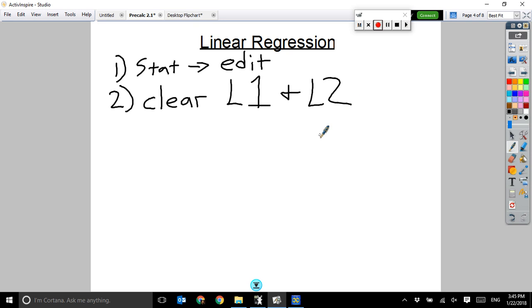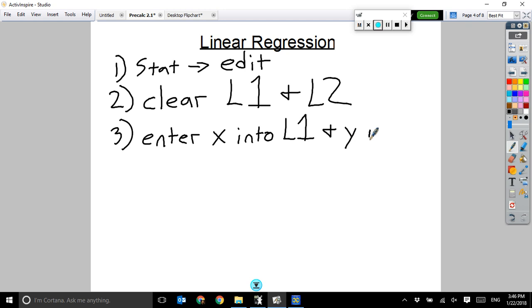I'm going to talk about how to do that in a second. Step 3 says to enter x into L1 and y in L2. So our x values go in list 1, our y values are going to go in list 2.